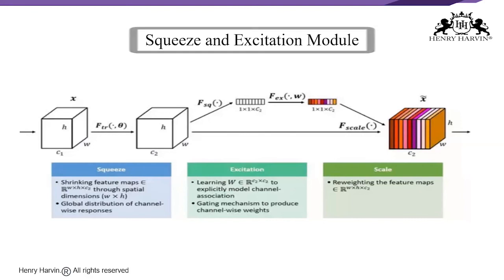From ResNet to SENet, the squeeze and excitation network, we could see the error rate being saturated. That is the reason it was not continued further.